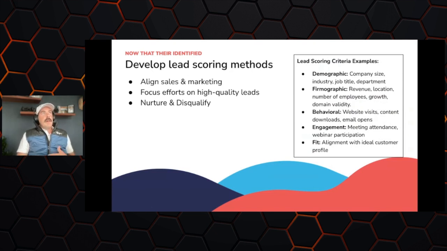So now that they're identified, let's talk about how we can use lead scoring and what lead scoring is first. A lot of organizations are not using lead scoring, so don't feel like you're out in the blue here. But lead scoring is essentially a system for ranking leads or customers based on their potential value to the business, right?